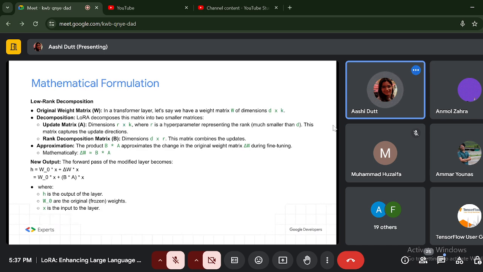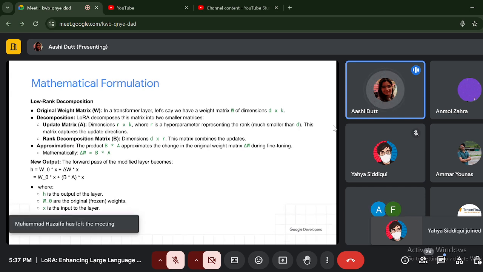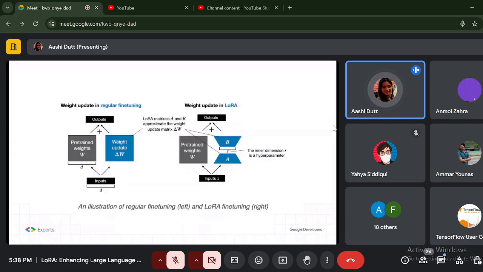That is the basic thing that we want to know. So delta W is basically the B matrix multiplied by the A matrix, and your new output would look something like this: W0, the original weight matrix, multiplied by X, the input to the layer, plus the change, delta W times X. If you expand delta W, you get B times A, right? Basic mathematics, nothing more to do over here.